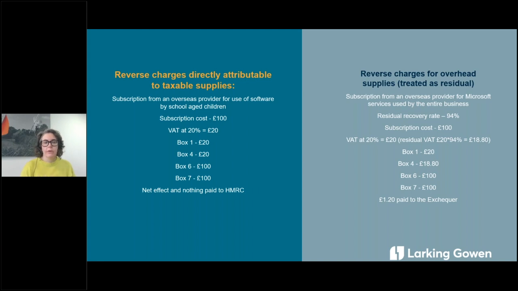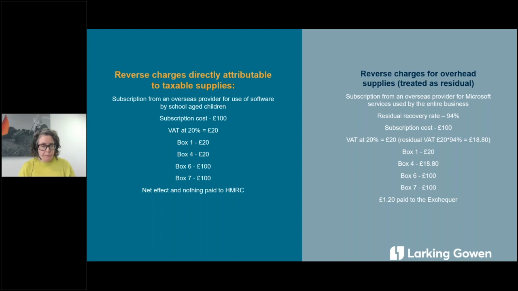Then you're going to include £20 in your box 4, which is your recovering position. So that nets out to nil. And you're going to report the £100 as both a sale in box 6 and a purchase in box 7. So the net effect is that nothing is paid over to HM Revenue and Customs because it's purely in and an out, okay?